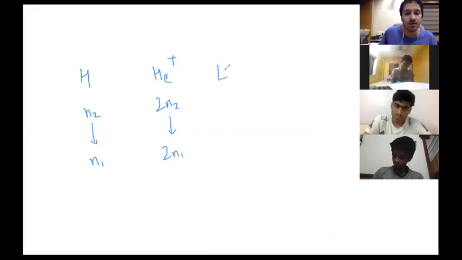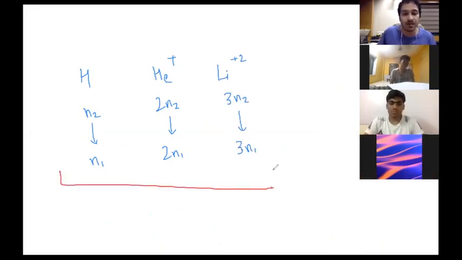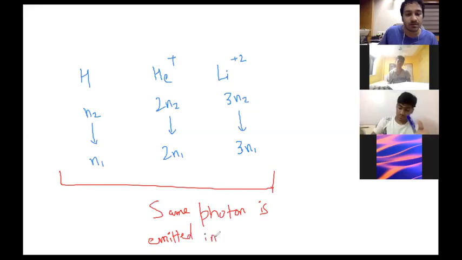And the same photon will be released in lithium plus 2 when the transition is from 3N2 to 3N1, and so on. These are going to release the same photon. Same photon is emitted in these transitions.